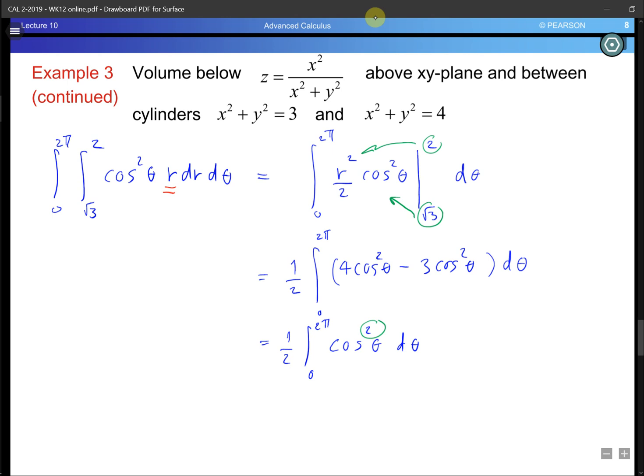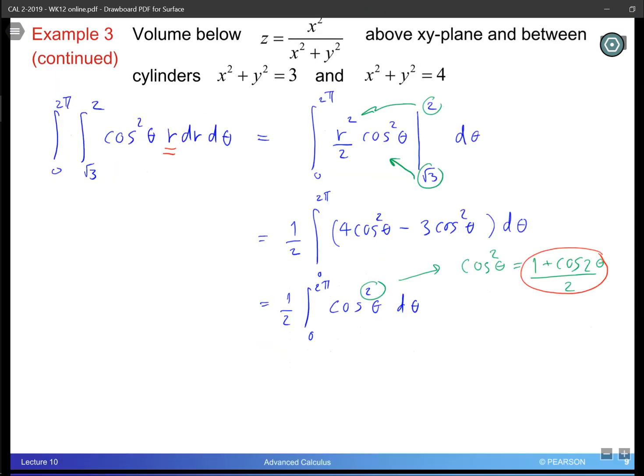So let's try to make this power of 2 go away by using the trigonometry property: cosine theta square equal to 1 plus cosine 2 theta over 2. If you use this instead, it doesn't have the power that you have to worry about.